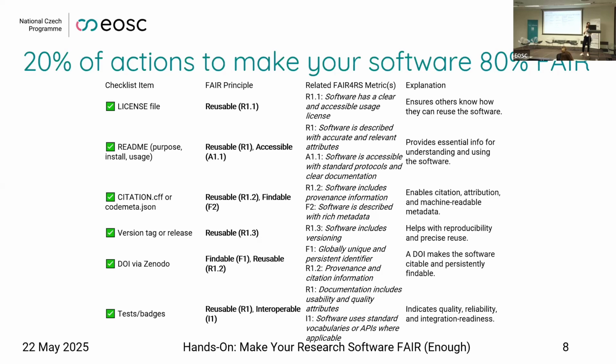These are the interoperability and findability attributes that machines would use to discover your repository. Then having a clear release lifecycle of your software, having a persistent identifier, specifically through Zenodo, and having some tests and some badges on your research software. So having some sort of continuous integration set up that would basically on a given change in the repository verify something.